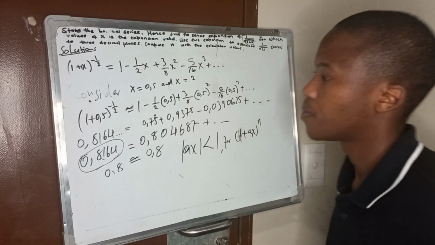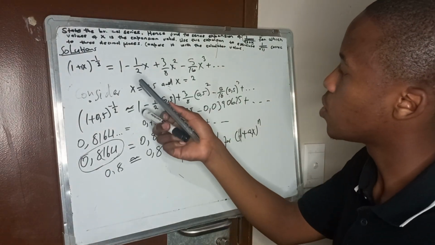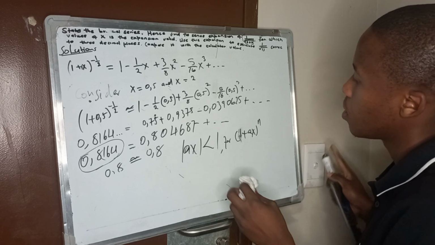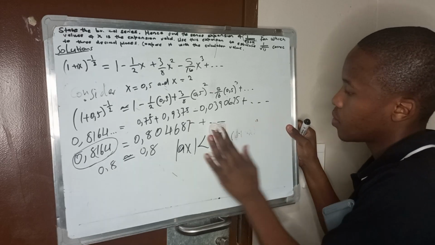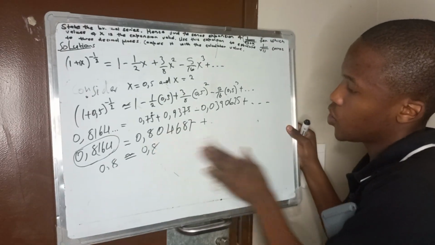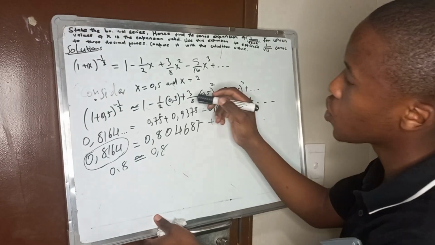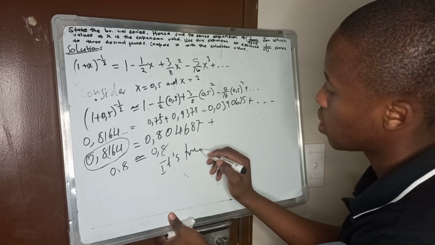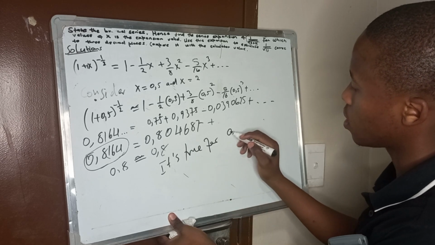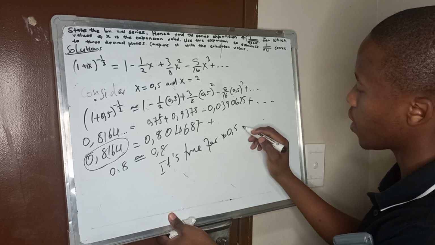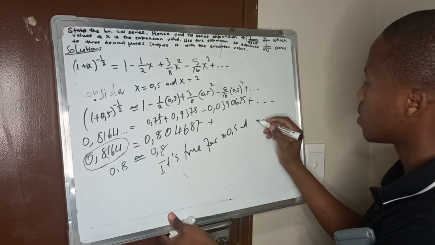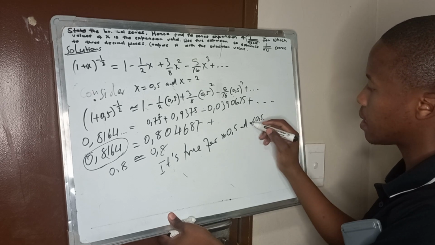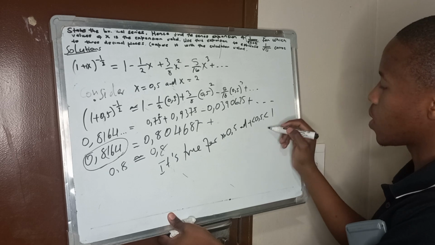But before, I said we should use 0.5 and also use positive 2. So it's true for x equal to 0.5, and 0.5 is greater than -1 but less than 1.